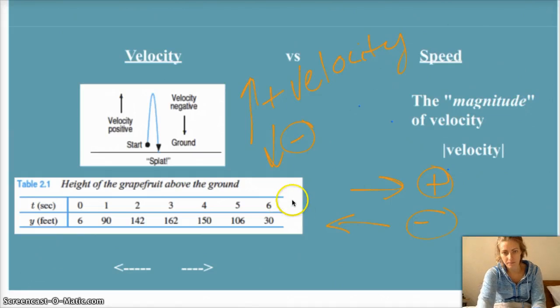Speed, on the other hand, will always be positive because it's about the distance that you travel. It is also known as the magnitude of velocity. So that term is probably new for you.